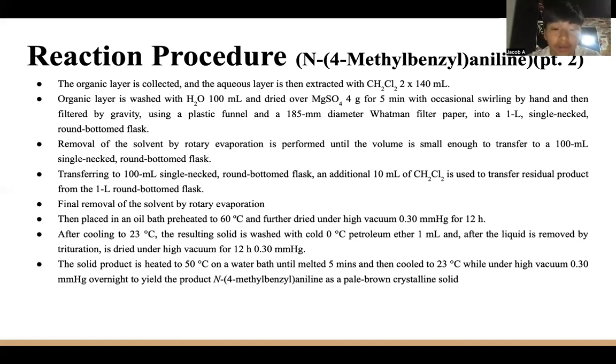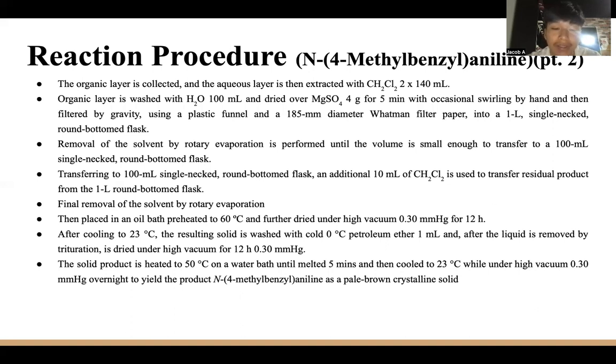Final removal of the solvent is done by rotary evaporation. It is then placed in an oil bath preheated to 60 Celsius and further dried under high vacuum, 0.3 mmHg, for 12 hours. After cooling to 23 Celsius, the resulting solid is washed with 1 milliliter of cold 0 Celsius petroleum ether, and after the liquid is removed by trituration, it is dried under high vacuum for 12 hours at 0.3 mmHg.